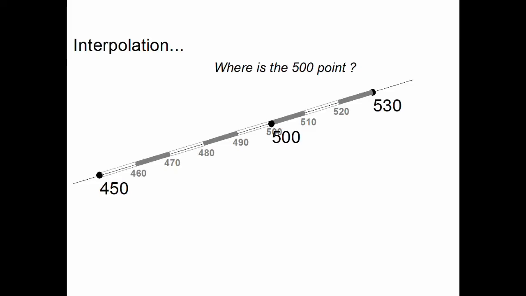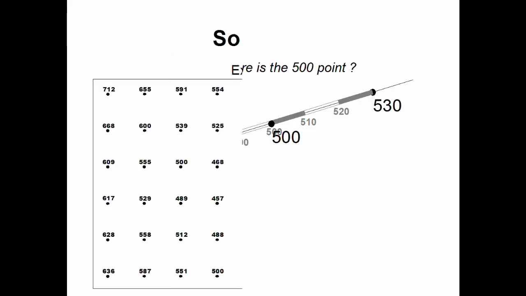Well, amazingly, this is more accurate than people might think. You probably will be within a few feet of the actual 500 elevation point. Doing this between adjacent points one higher and one lower than 500 will give you a multitude of 500 points.